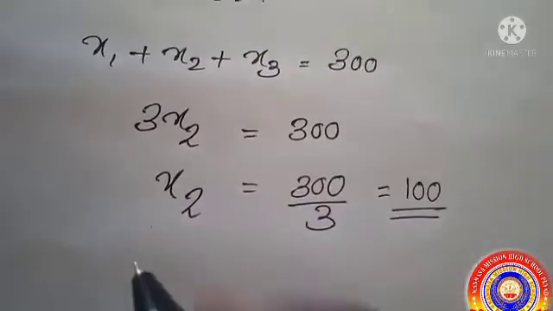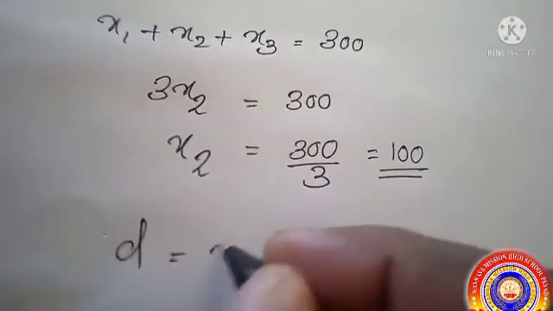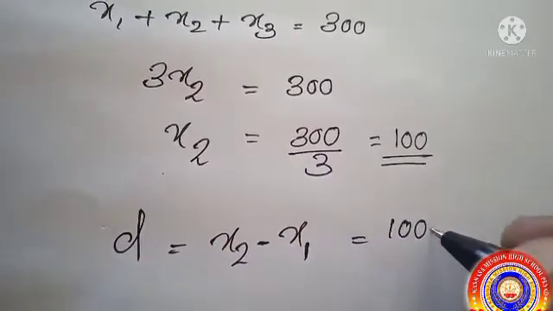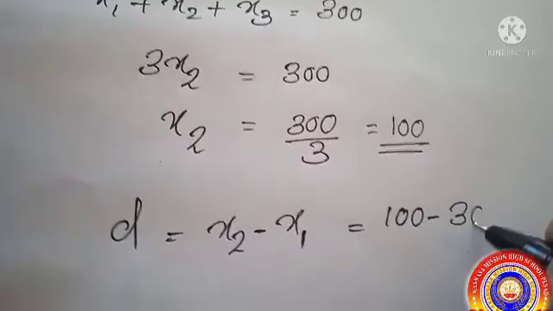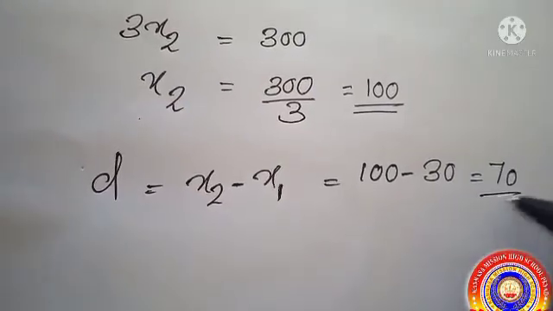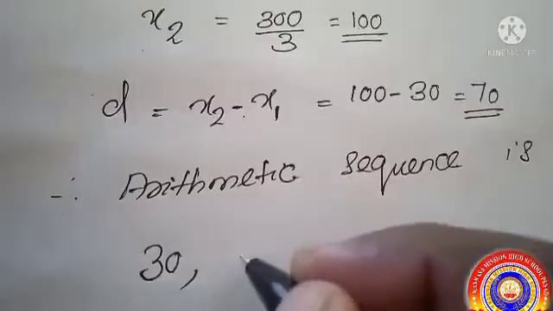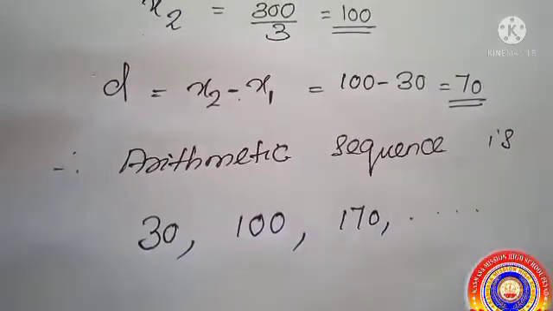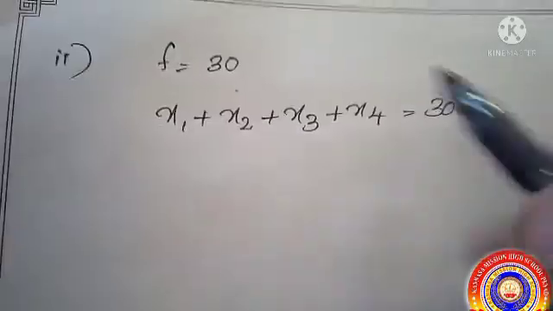By using the first term and second term, we find the common difference. Common difference is equal to x2 minus x1, 100 minus 30, which is equal to 70. Therefore, the arithmetic sequence is 30, 100, 170, etc.